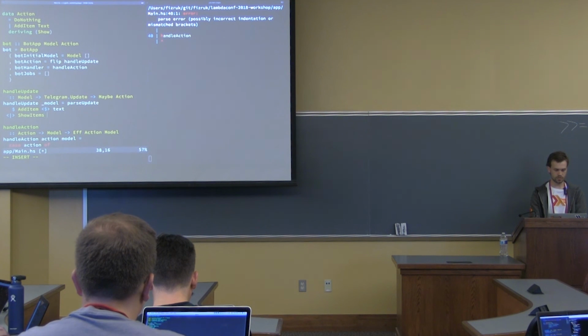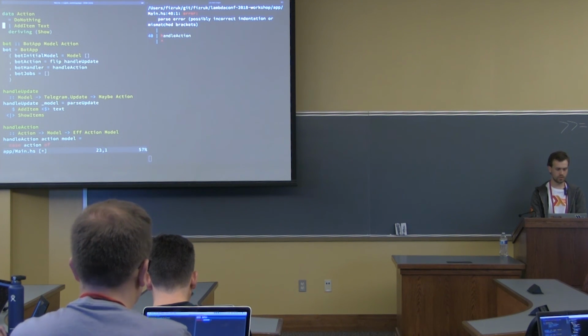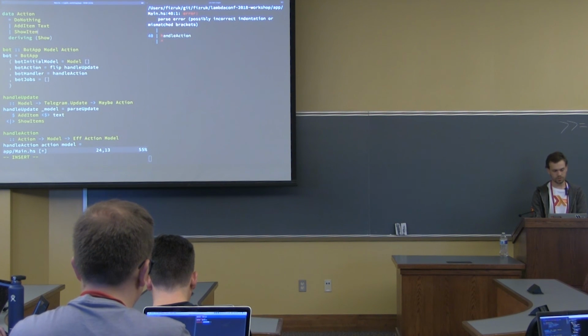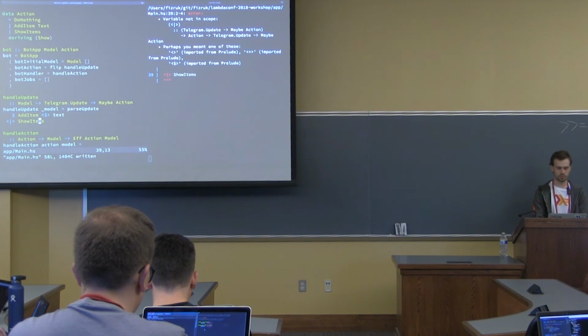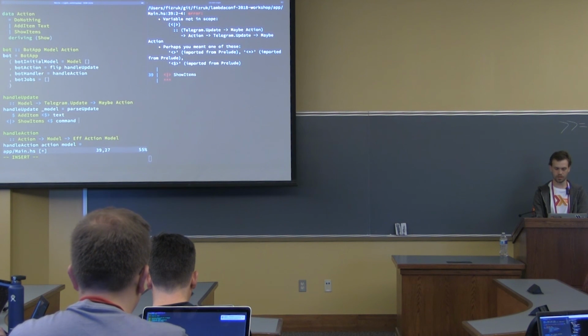So show items, right? Well, I'm going the other way around. Let's first introduce the show items action. It does not take any arguments because it's showing the items that are stored in the model. Now show items is going to require a command.